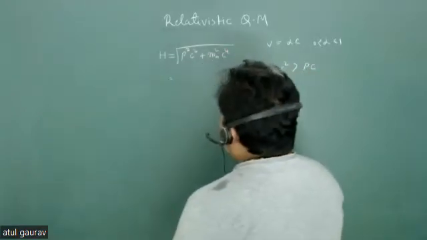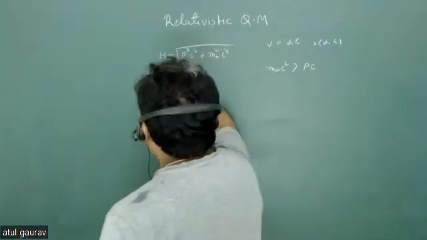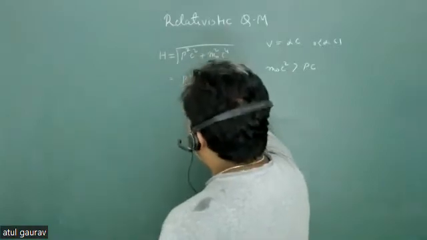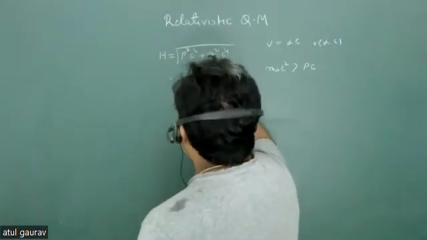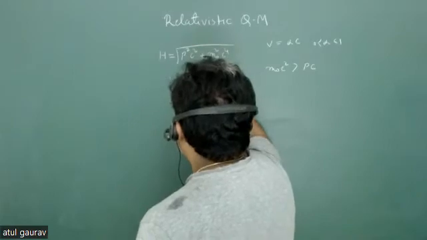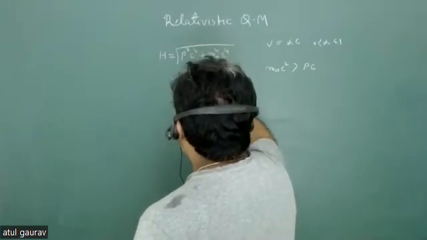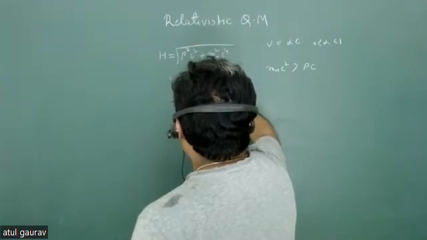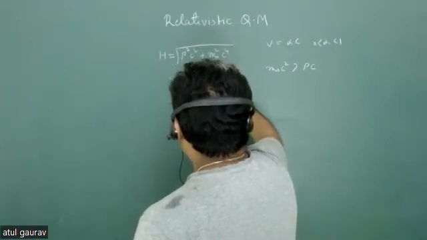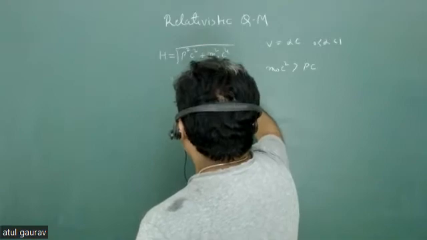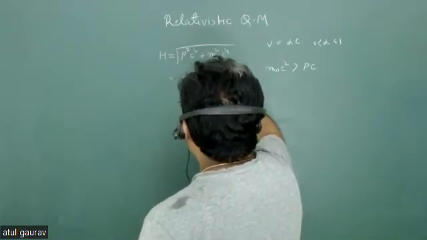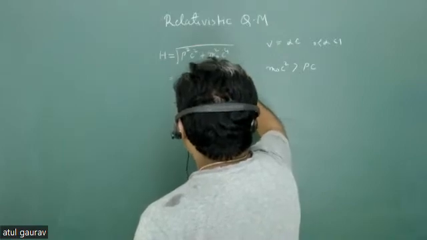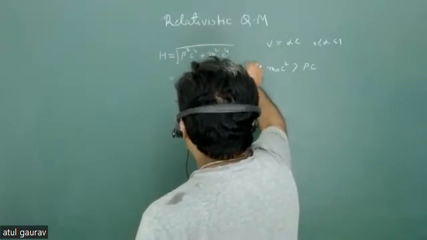And then you have something like p square by 2m, that is your classical Hamiltonian, and you have some negative sign, and if I am not wrong, that value is 8. What is this value? Do you remember, tell me? 8 upon m c square, and there is p to the power 4.